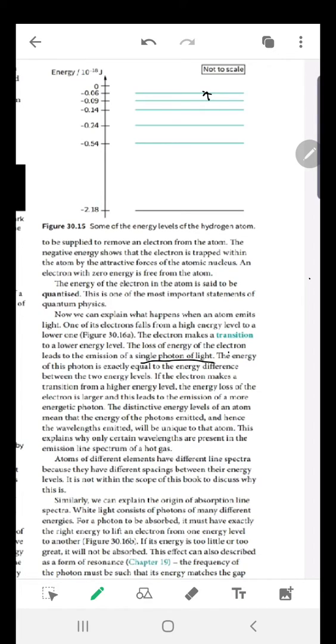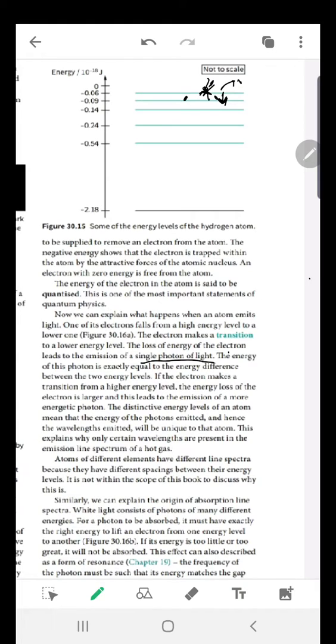So when it is up here, it has absorbed the photon. Now it will release that particular photon and it will come back here, okay. The energy is exactly equal to the energy difference between the two levels. Yes, obviously the photon has to be of that much energy.